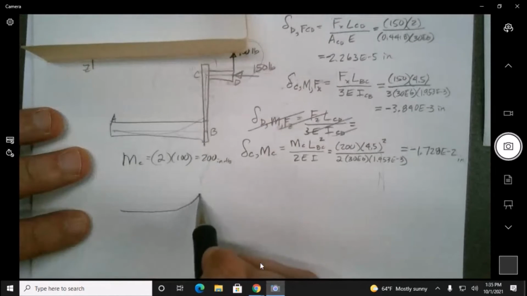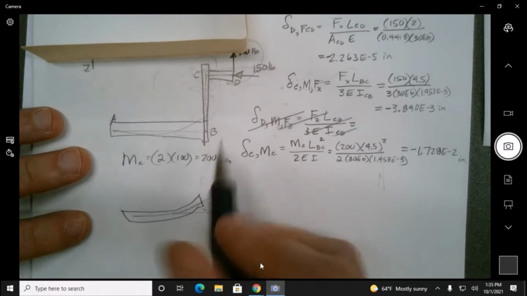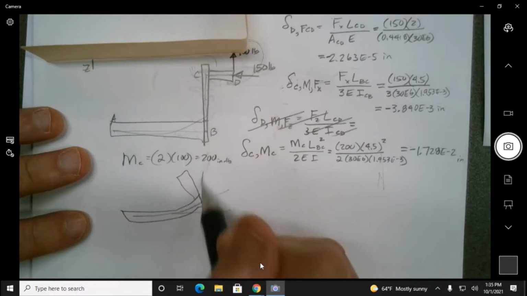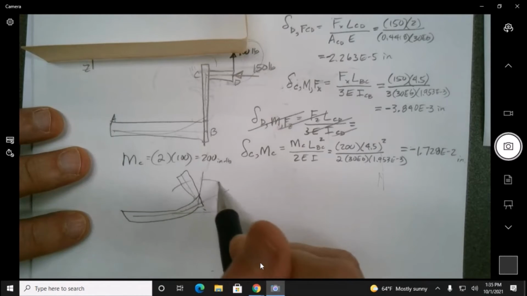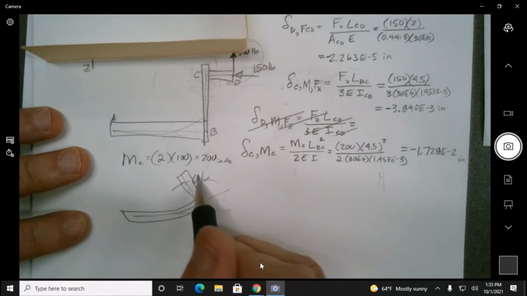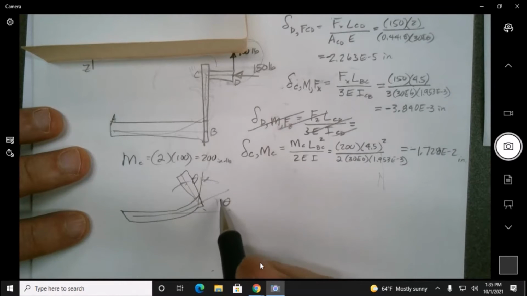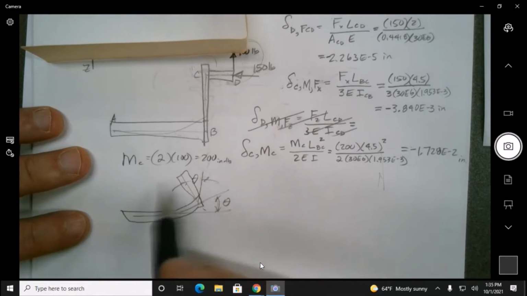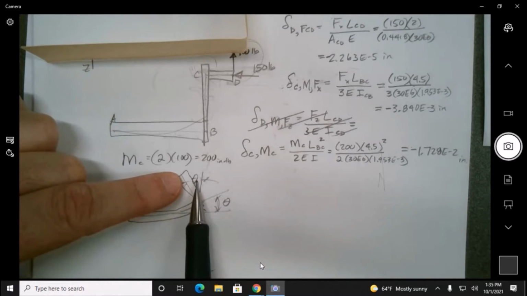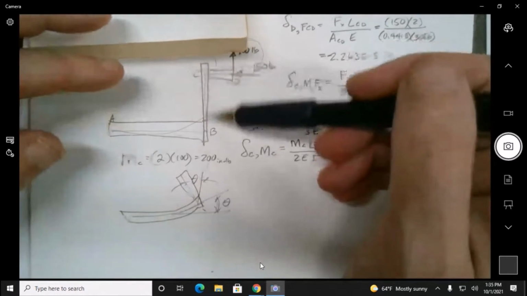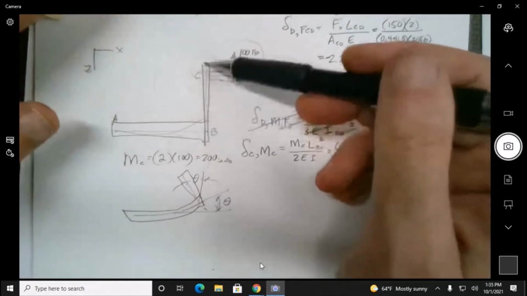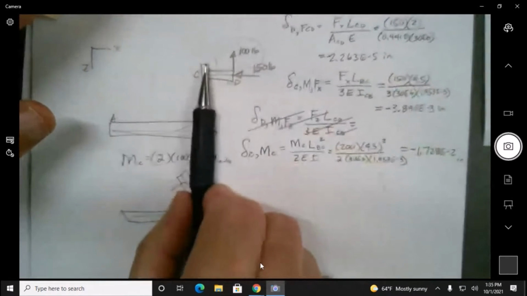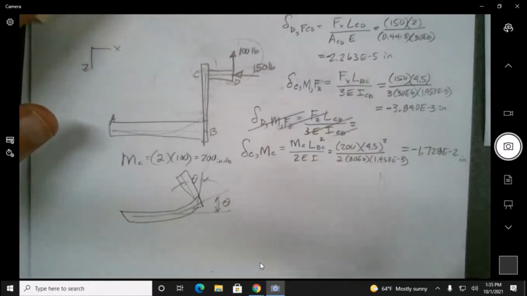Since I like to draw little pictures of the thing, it's going to have a slope like that right there, and this angle right there is going to be the same thing as that angle. So we're going to take that angle when we find it, and multiply it by this length, because that's going to be the amount of X displacement that it has.